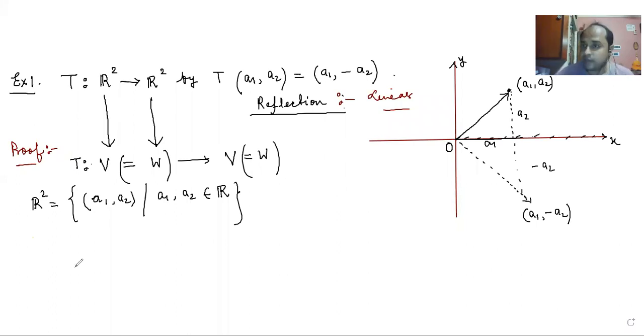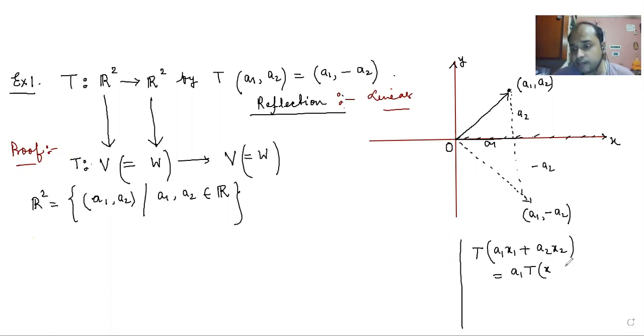So what am I going to do? I am going to use this result. Remember, to show that a transformation is linear, I am going to use this result: T of (a1 x1 plus a2 x2) equals a1 into T of x1 plus a2 into T of x2.